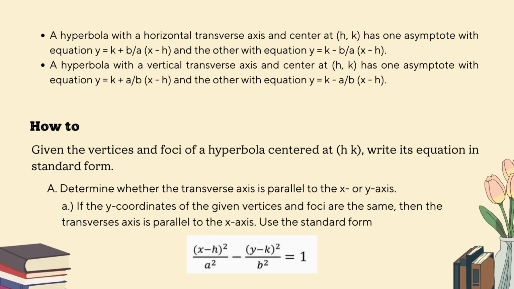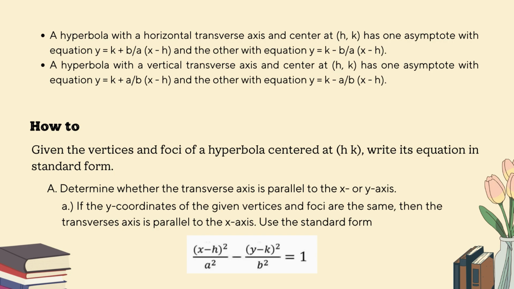A hyperbola with a horizontal transverse axis and center at (h, k) has one asymptote with the equation y is equal to k plus b over a times the quantity x minus h, and the other with the equation y is equal to k minus b over a times the quantity x minus h.